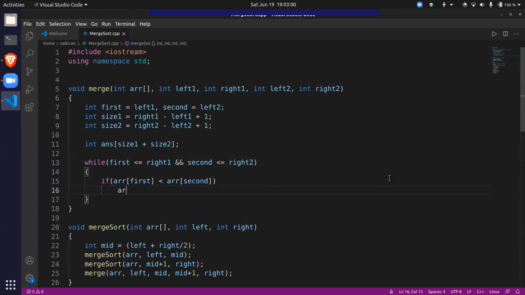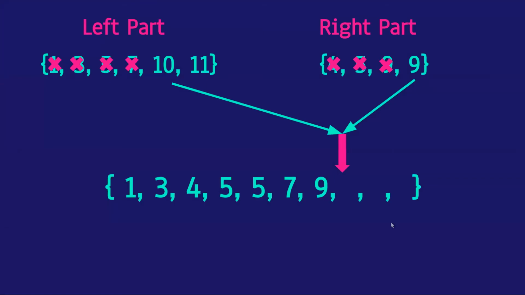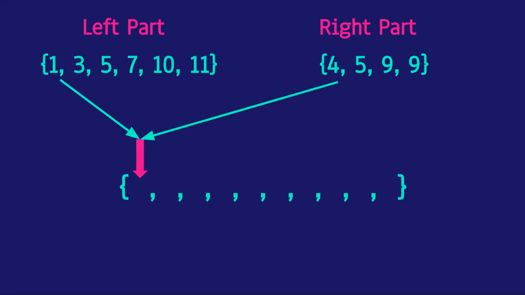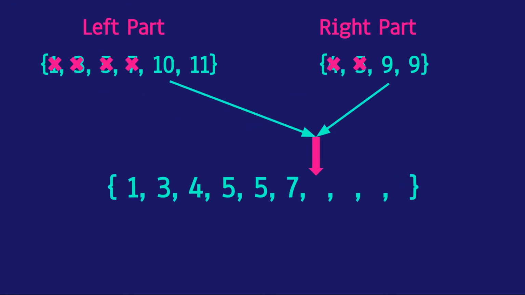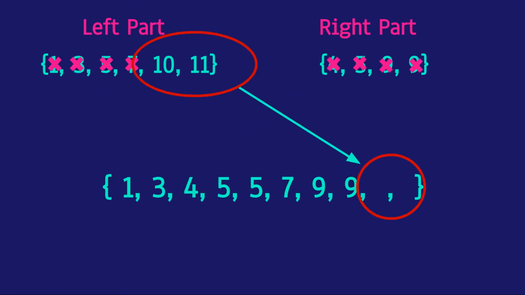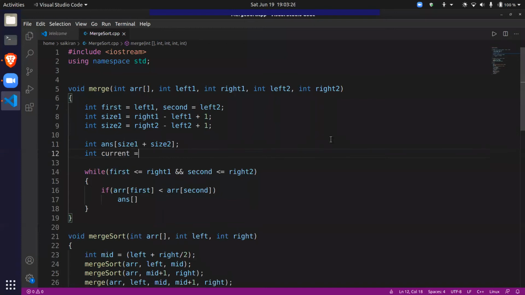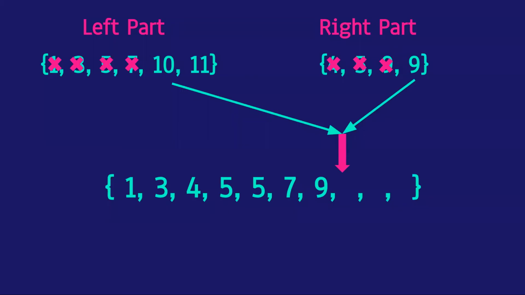ARR, oh sorry, answer of, okay, we need another pointer. You see this pink color arrow, right? We need another pointer for that. So where does it initially start? It starts at 0 and keeps moving until the end of the array. So let's call it current. Int current is 0. So current starts at 0. Okay. So this pink arrow is the current pointer.